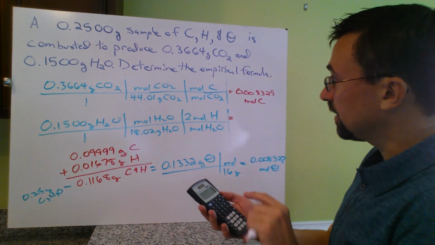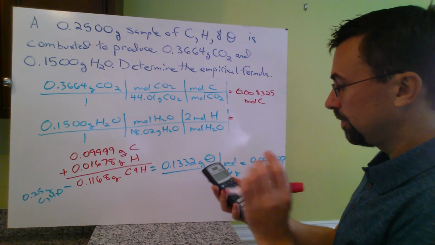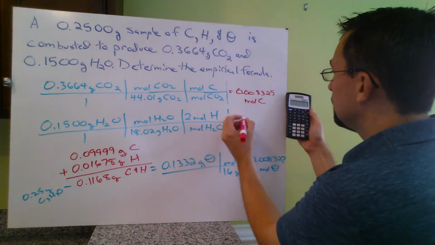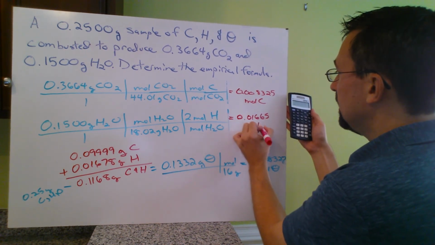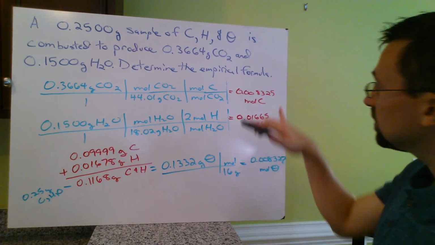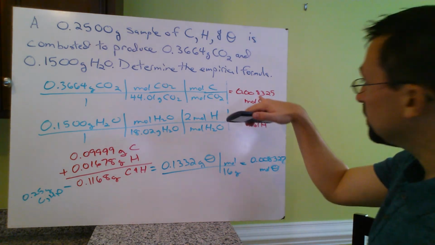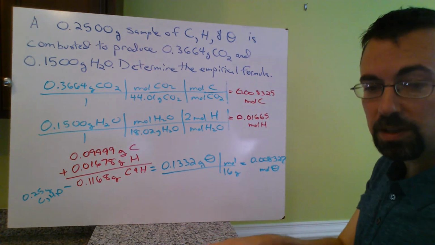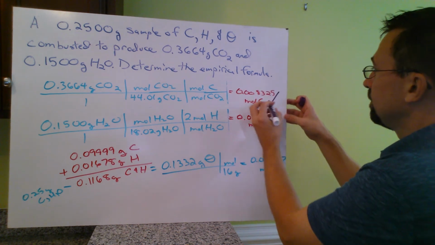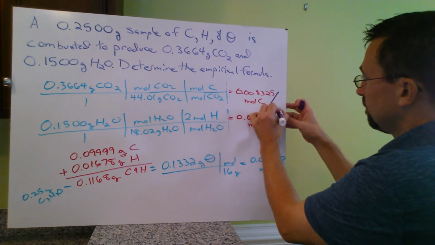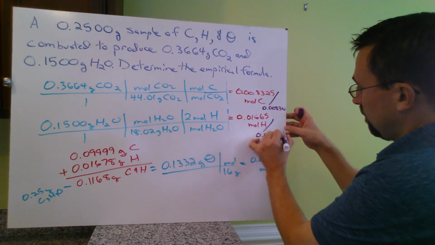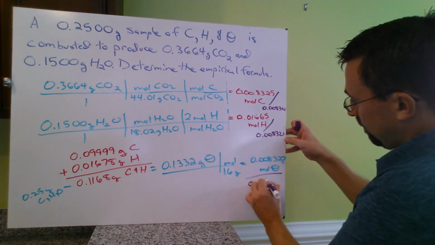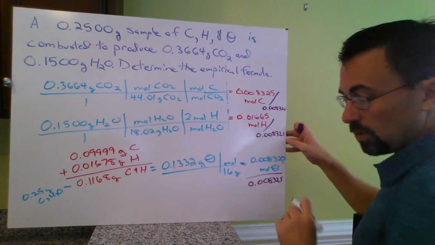0.1500 times 2 divided by 18.02 and 0.01665 hydrogens. Divide by the smallest number, 0.008325. We're going to divide them all by that. And see what we get.